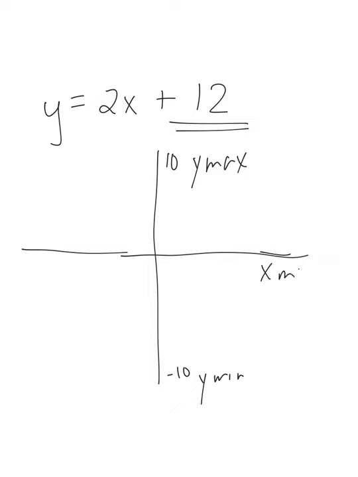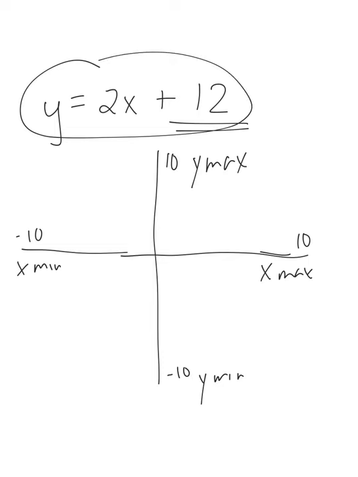The x max goes out to 10, and the x min goes out to -10. So if you type this in, the y equals, you will first have to go to your window and change your y max, probably to about 20, just to be on the safe side. And then when you hit graph, you should be able to see the graph.